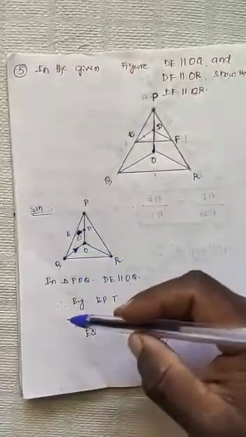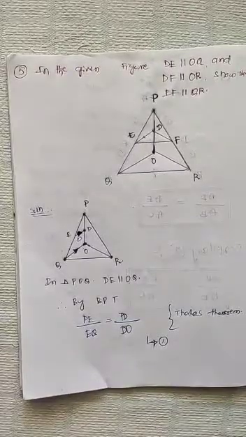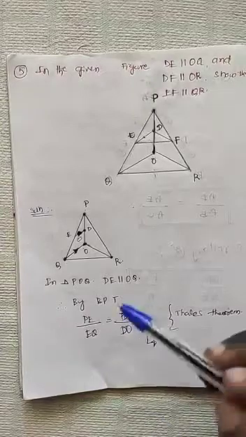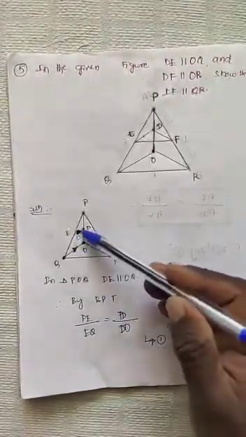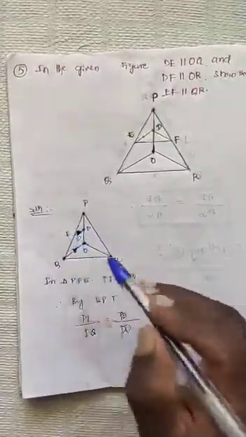So in that, by the basic proportionality theorem, if a straight line is drawn parallel to a side of a triangle, then it divides the other two sides proportionally.